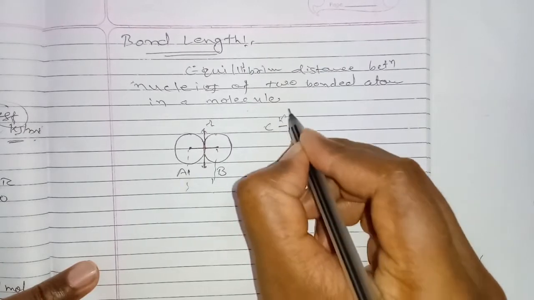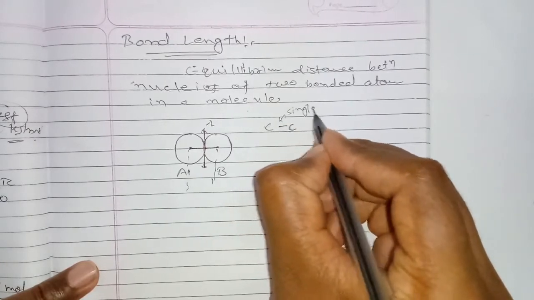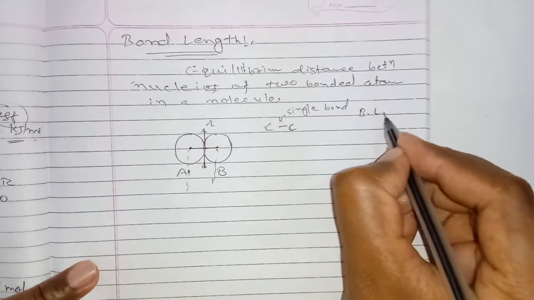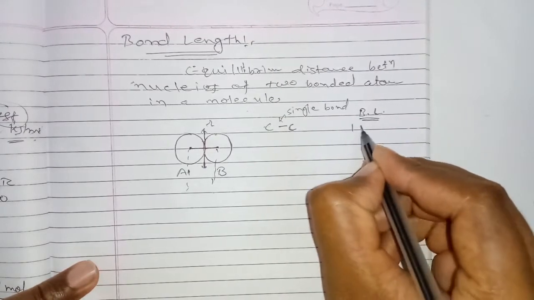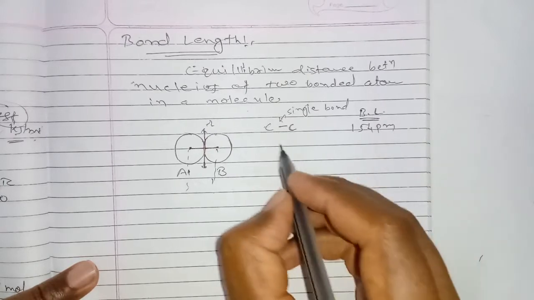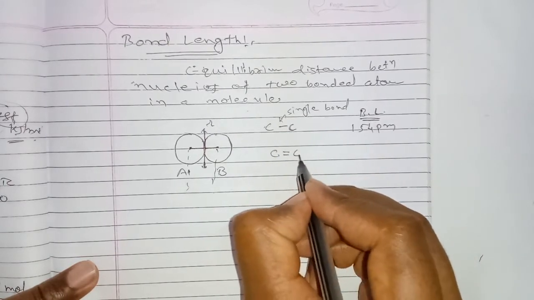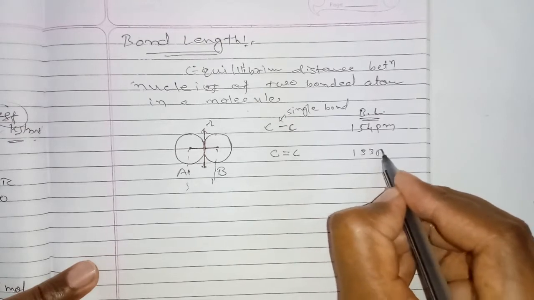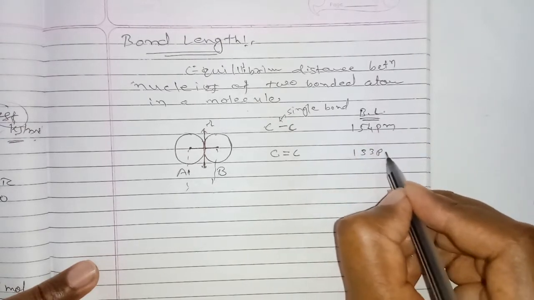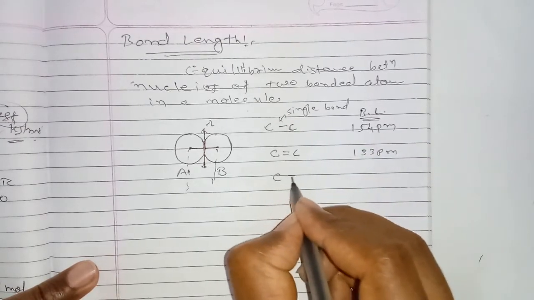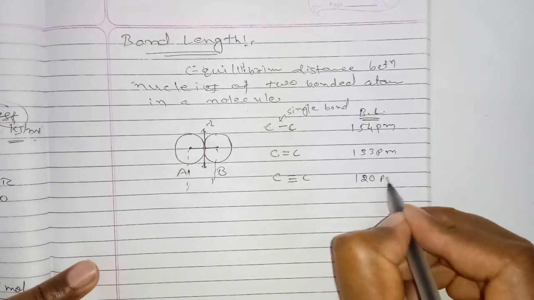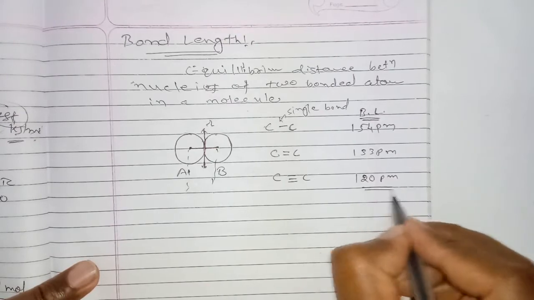If there is a single bond between carbon atoms, the bond length is 154 picometer, carbon-carbon double bond, its bond length is 133 picometer, and carbon-carbon triple bond, 120 picometer.